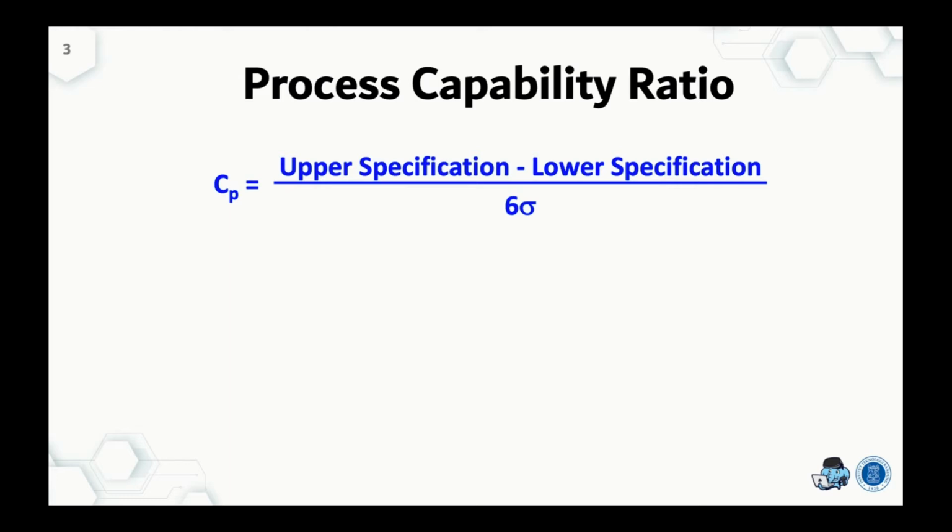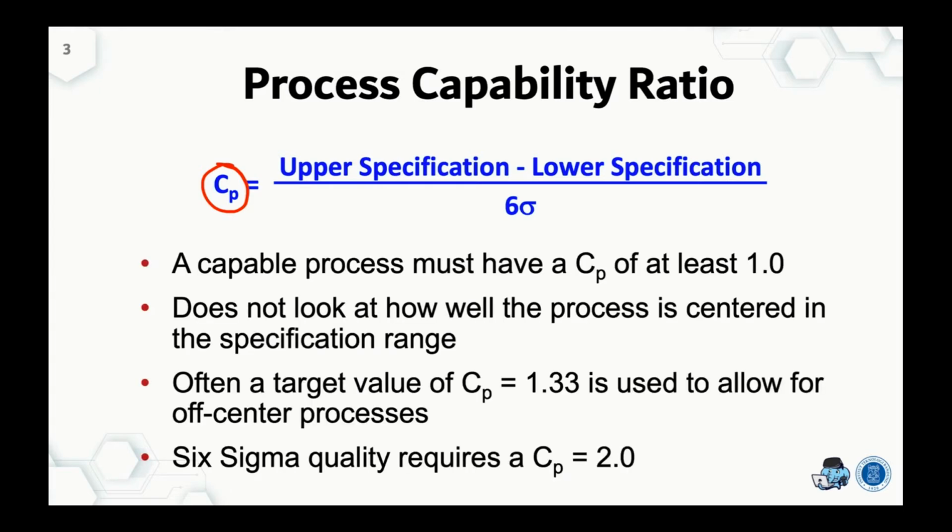We have two kinds of measurement for process capability. The first is the process capability ratio, or Cp. Cp is defined by the upper specification, not upper control, minus the lower specification, divided by 6 sigma, where sigma is the standard deviation of the population.